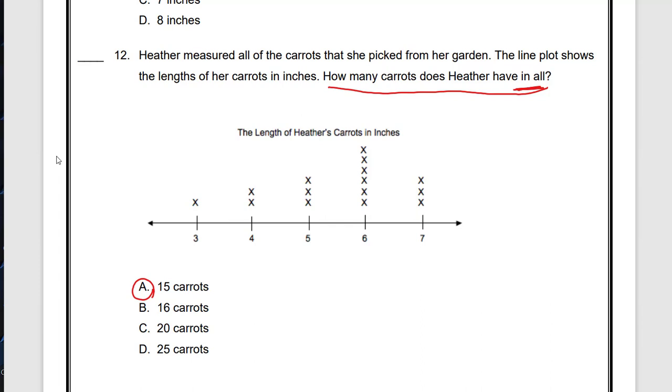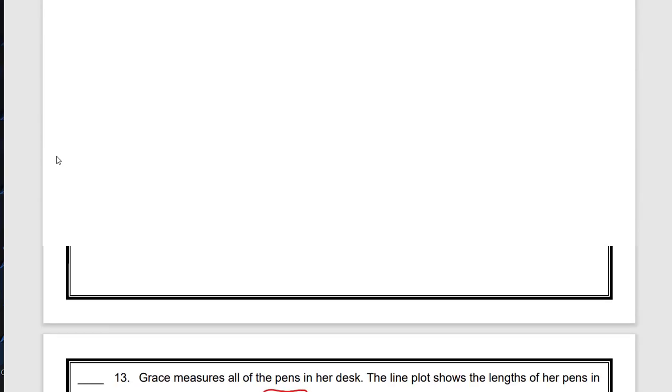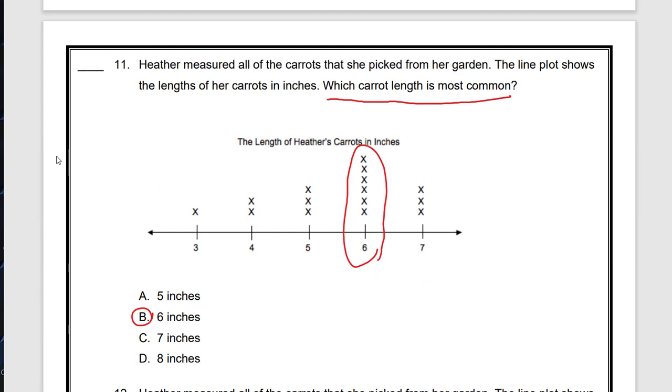The longest is 6. No, the most common is 6. But the longest is 7. My hero, wait. I want to know. Okay, the most common, like this question here, question 11.